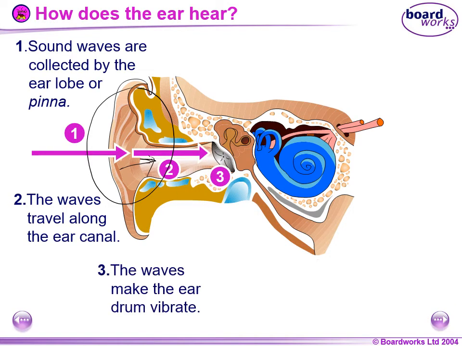Then it reaches our eardrum. It is this bit that you see here. It makes our eardrum vibrate. So far, the sound waves are collected by the earlobe, then travel along the ear canal and finally reach our eardrum, which is marked as position 3.